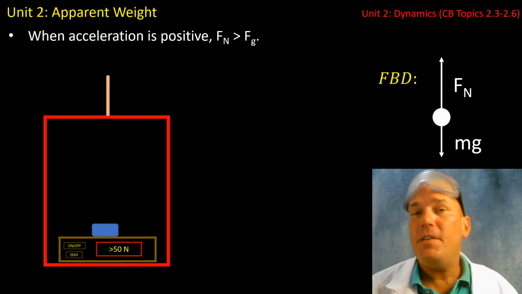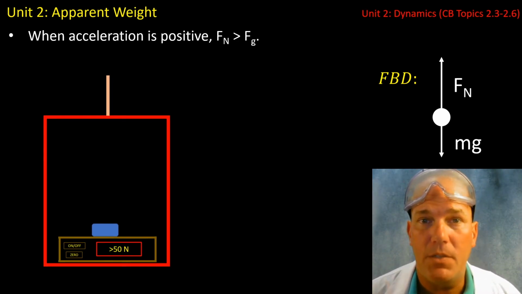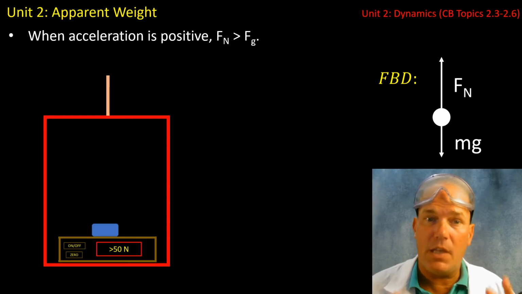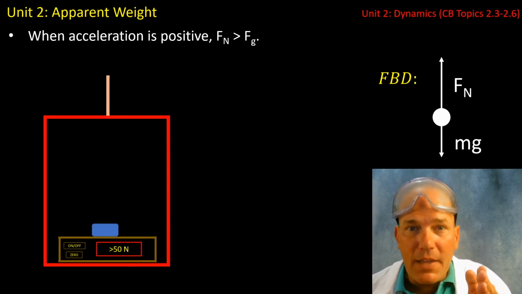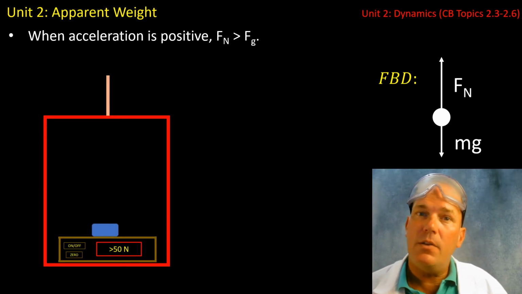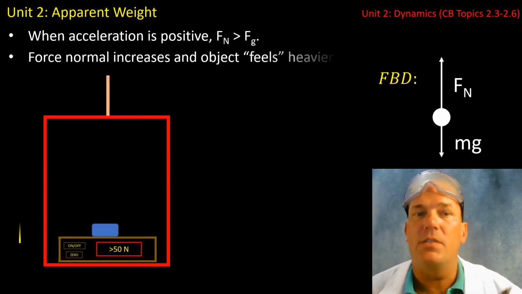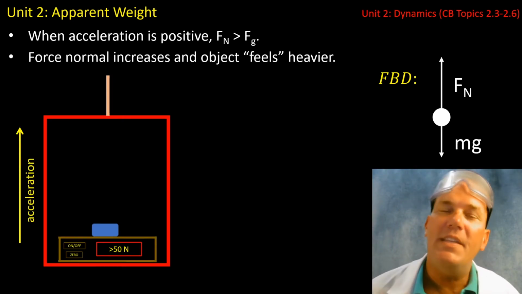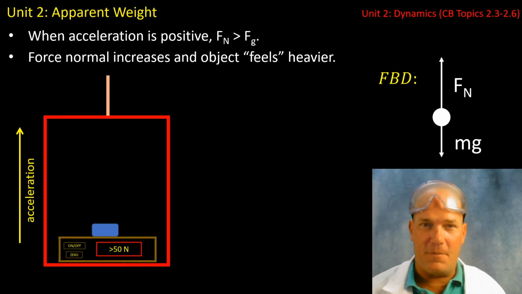So, if acceleration is in the opposite direction of the acceleration due to gravity, in other words, this is accelerating upward, we get a weight, as you can see on the scale, that is greater than 50 newtons, and we can actually calculate this. Force normal is going to increase, and the object feels heavier.